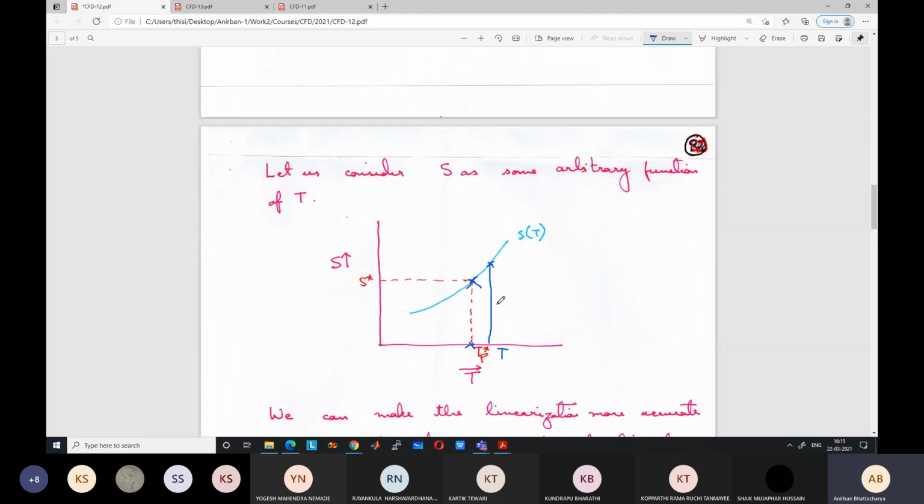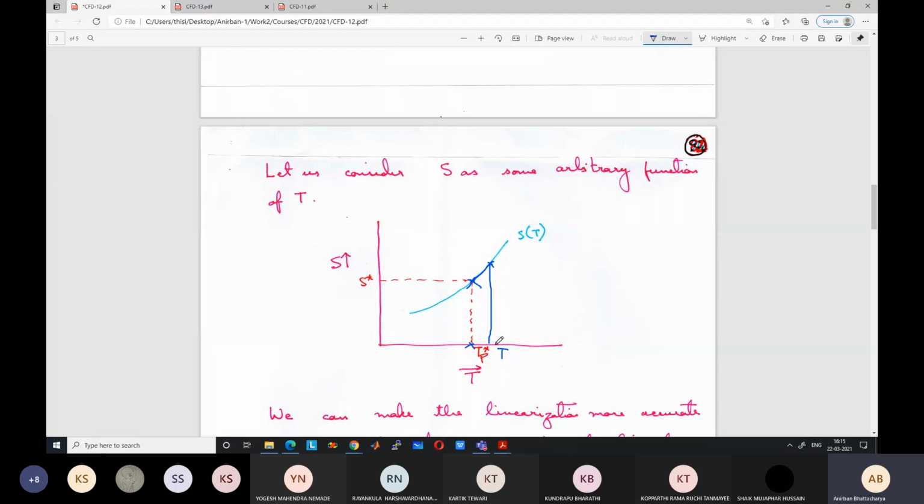But a better approximation is if you can also approximate the slope of the line, then you will be able to predict in a better way what will be the value at t.